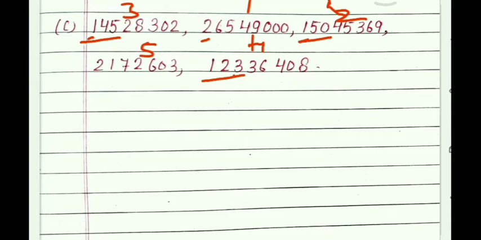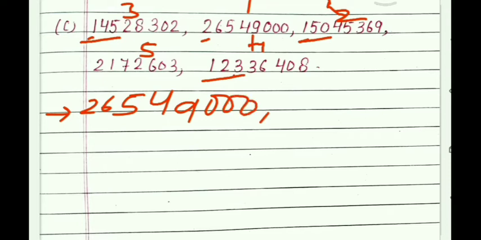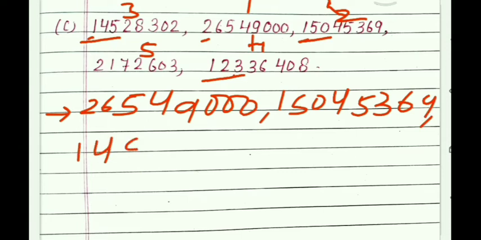So firstly write here 2,65,49,000. Then put a comma. Second number, what is coming? 1,50,45,369. Put a comma here. The third number coming is 1,45,28,302.